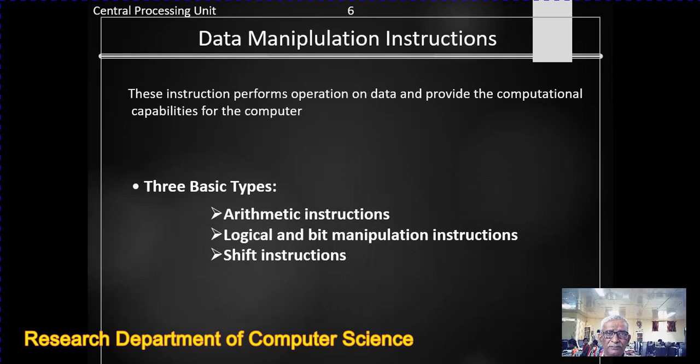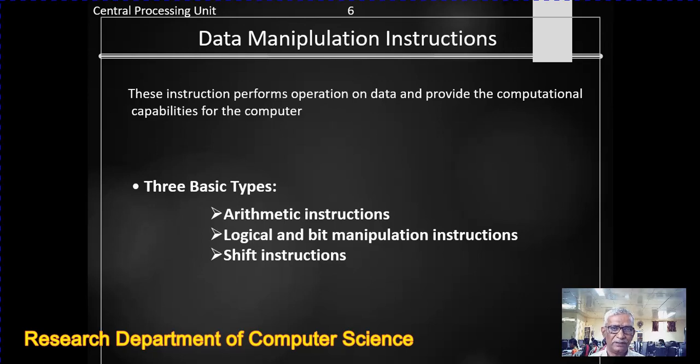Apart from that, data manipulation instructions. These instructions perform operations on data and provide the computational capabilities of the computer. There are three basic types: arithmetic instructions, logical and bit manipulation instructions, and shift instructions.